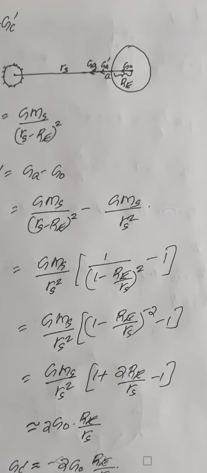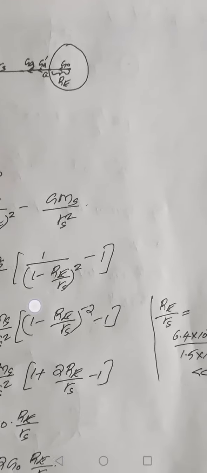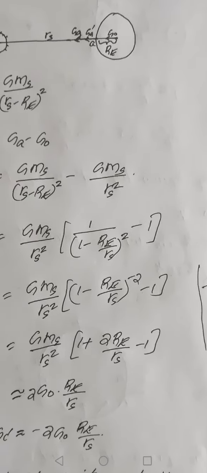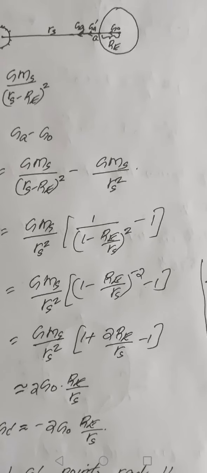Okay, so what is RE by RS? Radius of earth divided by the distance between center of earth and sun. If I calculate the exact value, it will be 6.4 into 10 raised to 5 kilometer by 1.5 into 10 raised to 8 kilometer. It is a very small value, very much less than 1, of the order of 10 raised to some minus 3 or something like that. So I can use the binomial approximation.